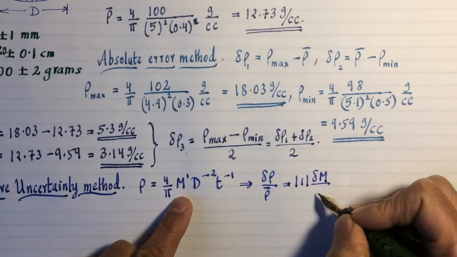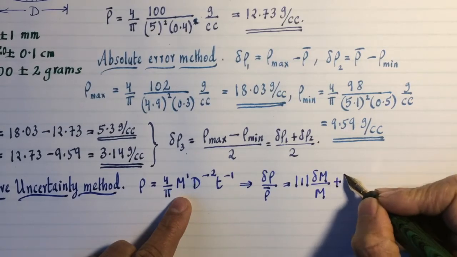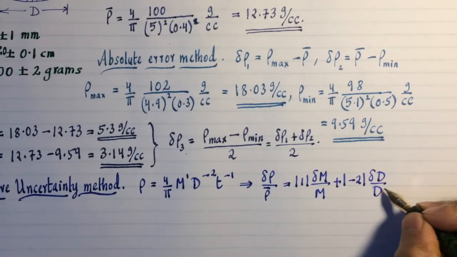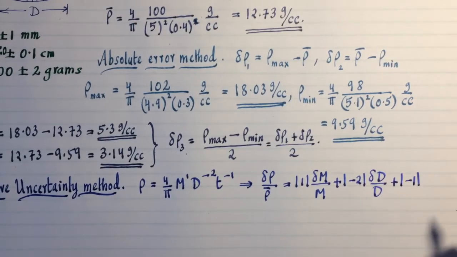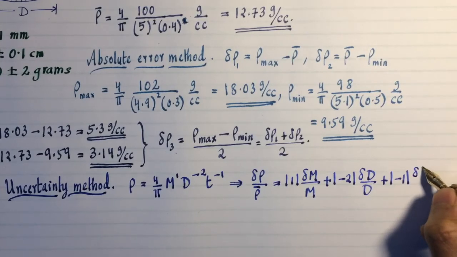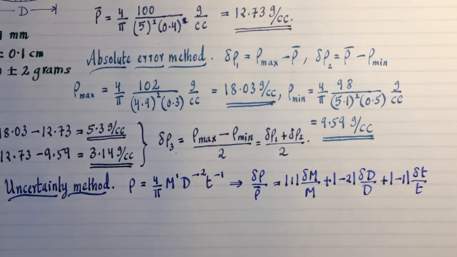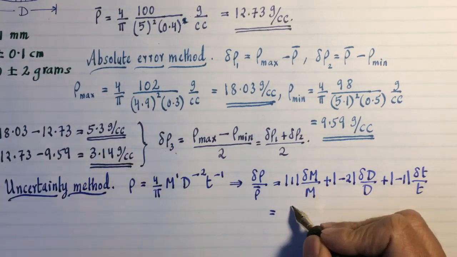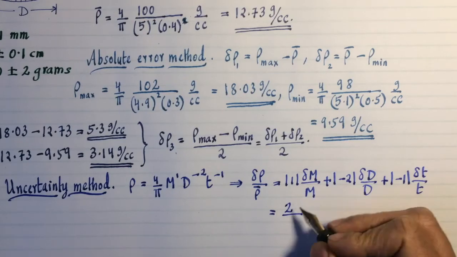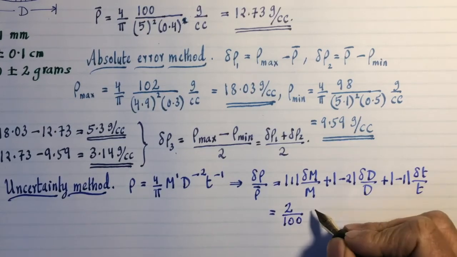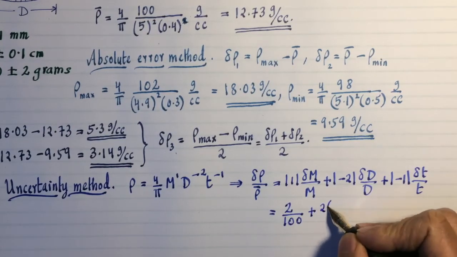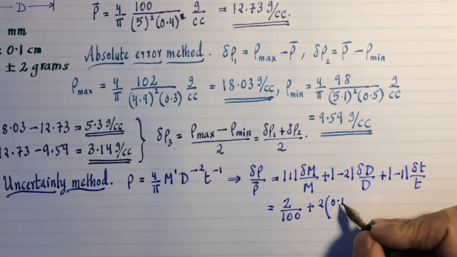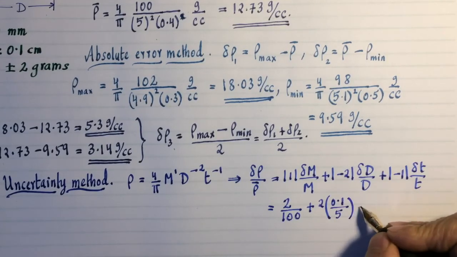So that's delta m over m plus absolute value of negative 2 delta d over d plus the absolute value of negative 1 delta t over t. So you can get this very quickly because delta m is just 2 and m is just 100. The units cancel out, so I won't write them. This is 2 times, because absolute value of negative 2 is just positive 2, 0.1 divided by 5, and lastly 1 over 4.